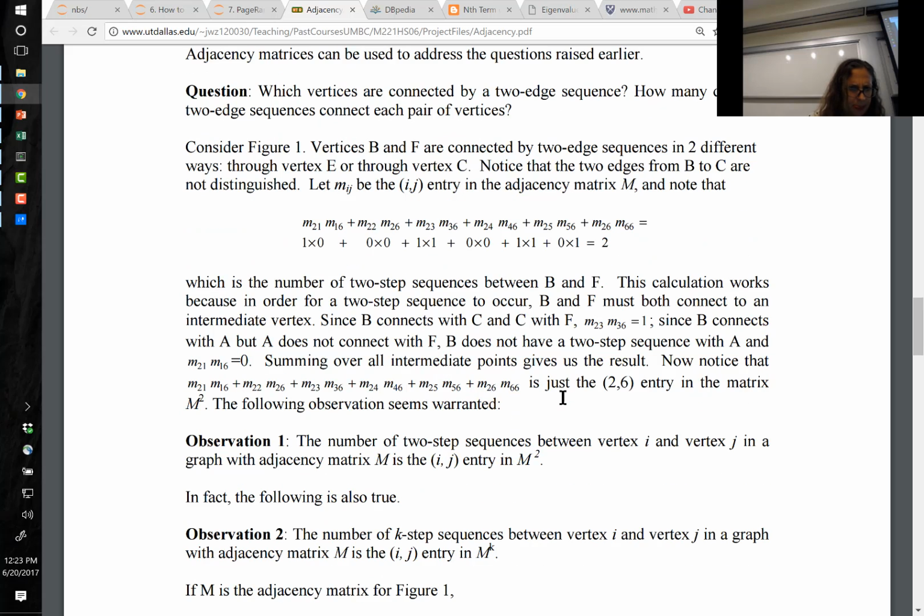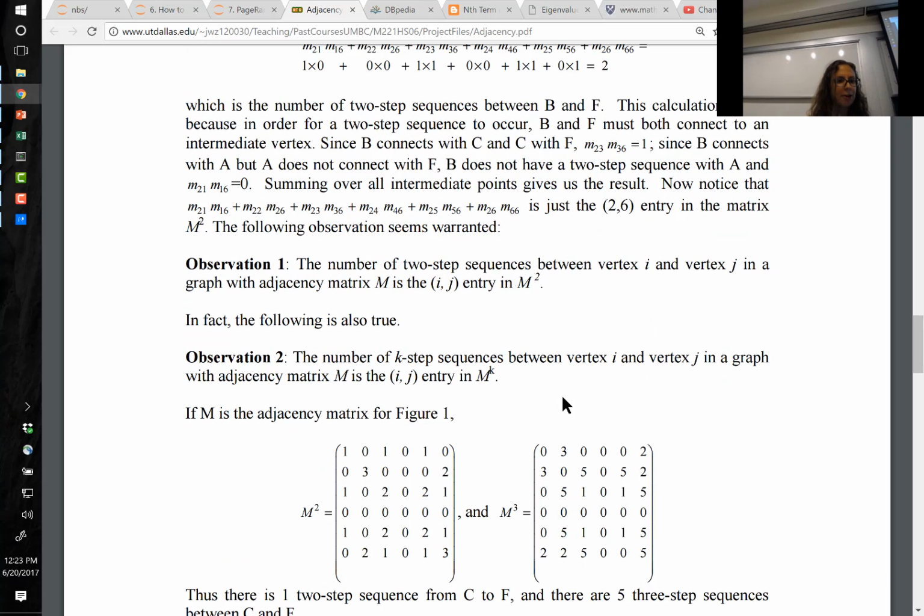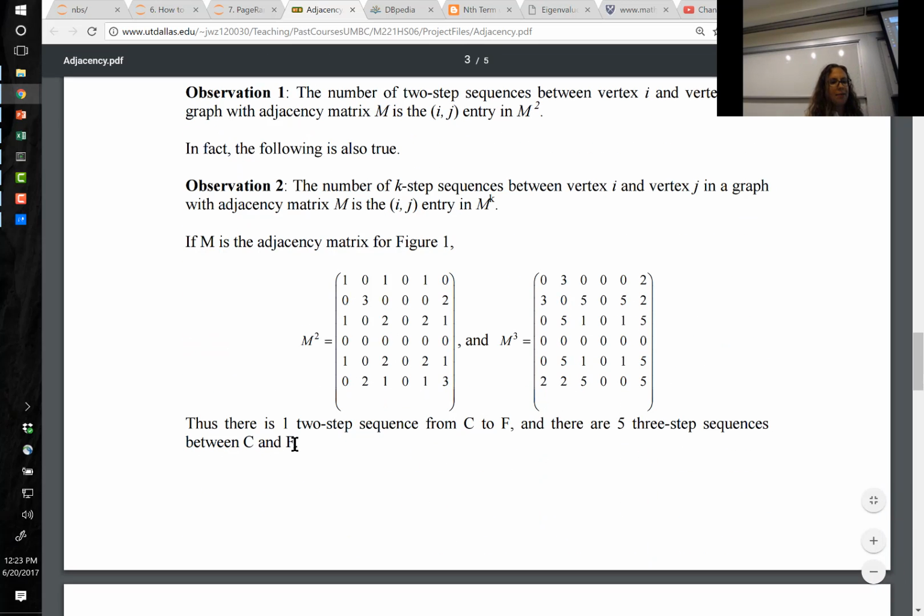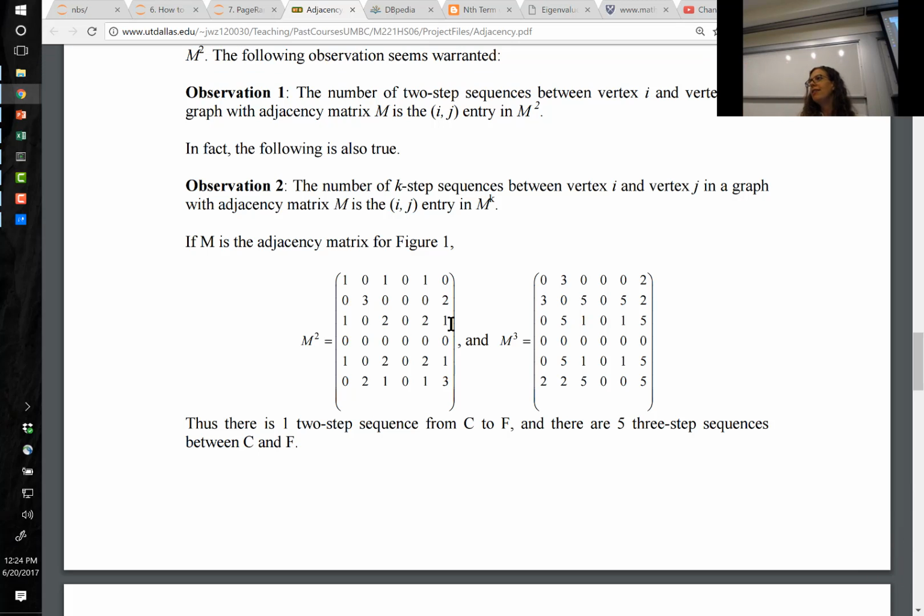And then they take the power and say, okay, by taking the second power, we see there's 1 2-step sequence from C to F. So that shows up in A, B, C. We've got a 1 here. There's one way, with just 2 legs of your journey, to get from C to F.